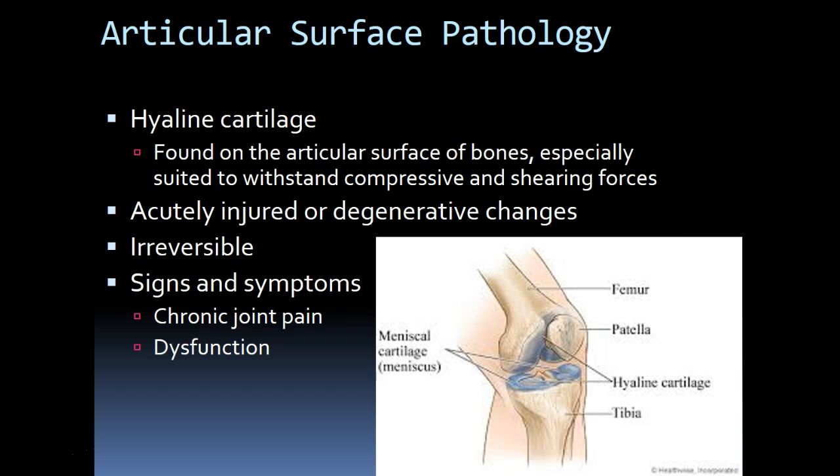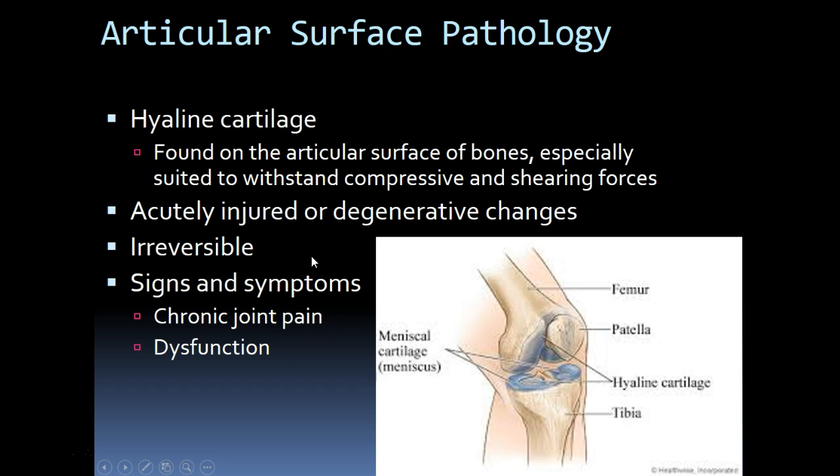And as I mentioned, it can be acutely injured or can occur as a result of just aging or micro traumas. What we see with this is that if the hyaline cartilage is compromised, it's irreversible. In other words, there really isn't any surgical procedure, any exercise that we can do to regenerate this hyaline cartilage. There are certain surgical techniques that have been used, but most of them have high failure rates.